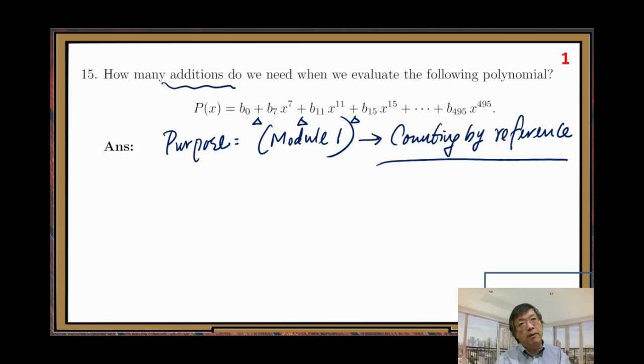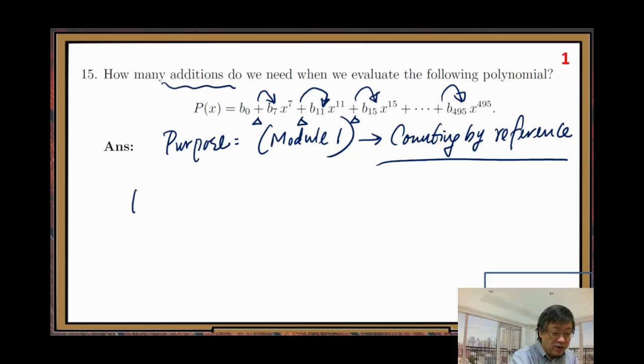The basic method is we want to associate each plus sign to a subscript, or superscript, because they are the same. Let me assume the subscript. Each plus sign corresponds to one subscript. That is the reference.